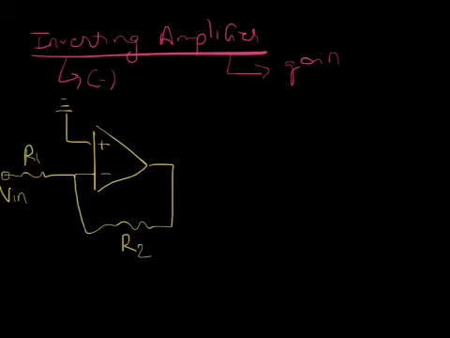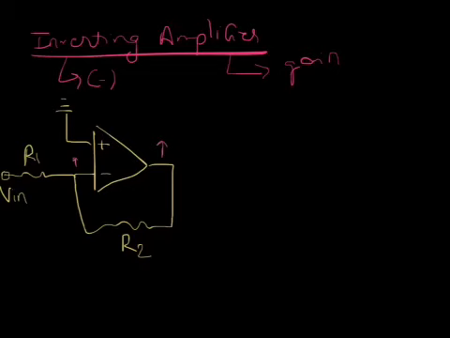Let's analyze. The first thing that you need to convince yourself of is that it is negative feedback, because if this output increases, the current through the resistor is going to increase, and so this voltage will also increase.